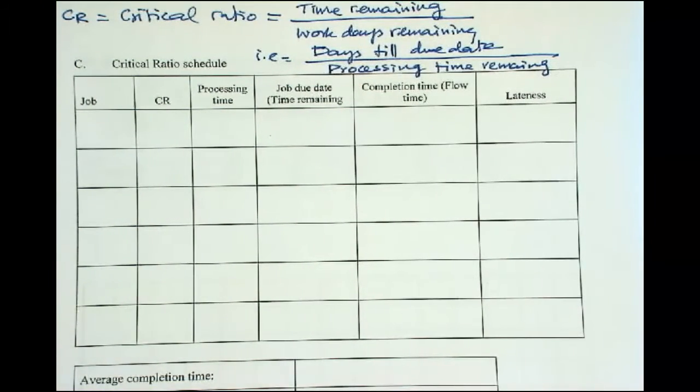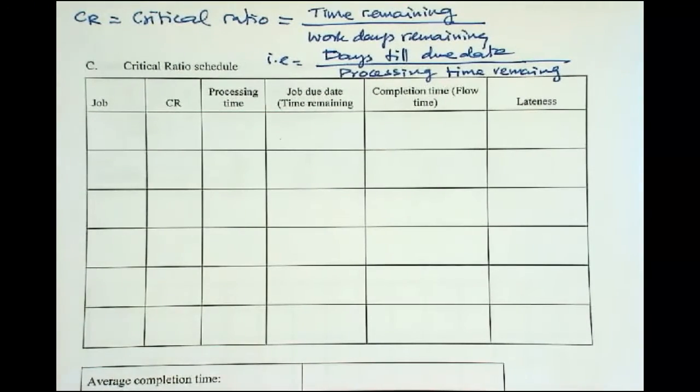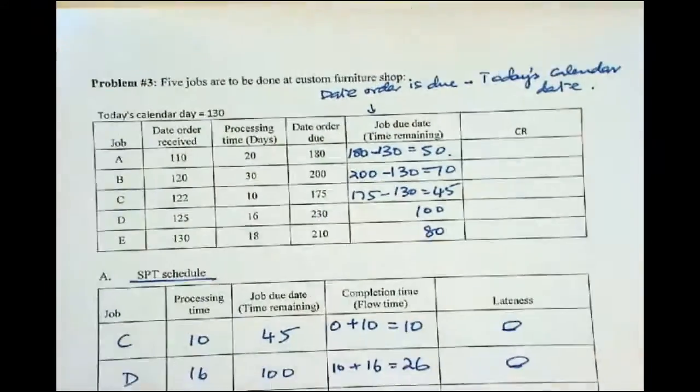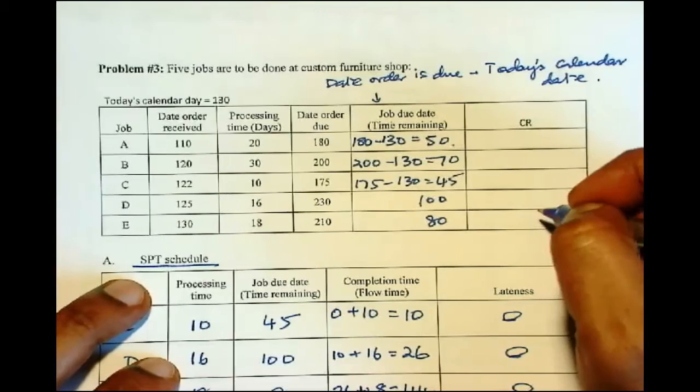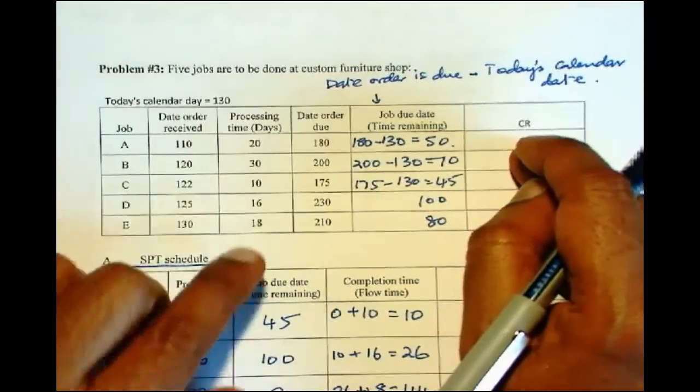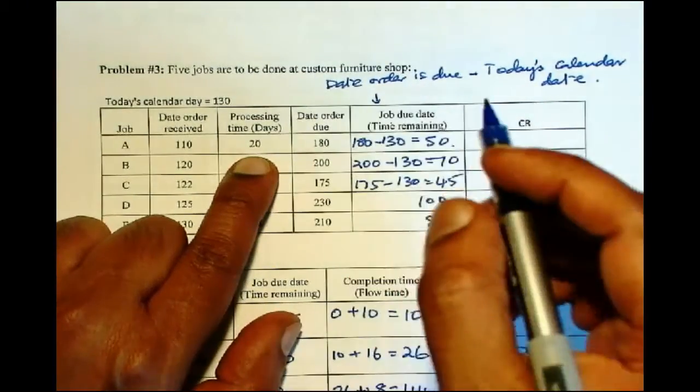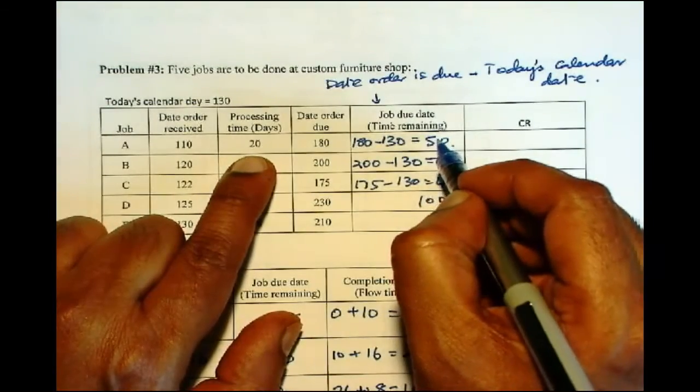Okay, now let's first compute the value of CR, and for that let's go back to the beginning of the problem. So here is where we started, and here I have a column for CR. So we're going to compute the CR first, and remember CR is time remaining divided by the processing time.